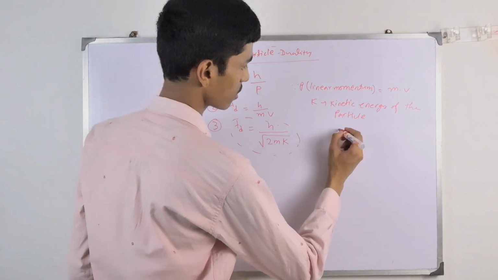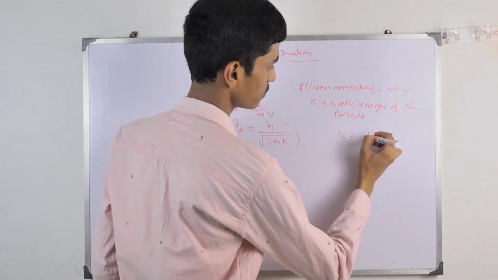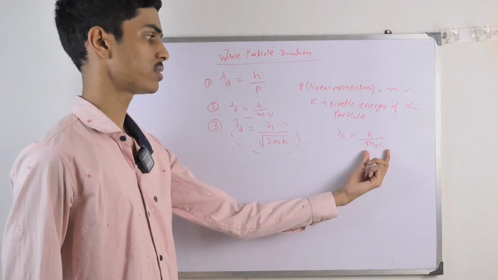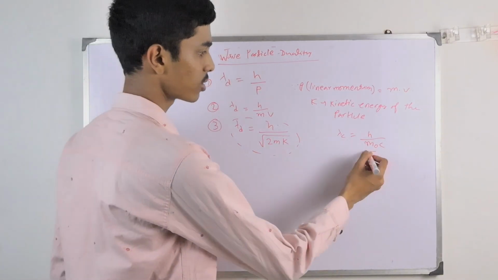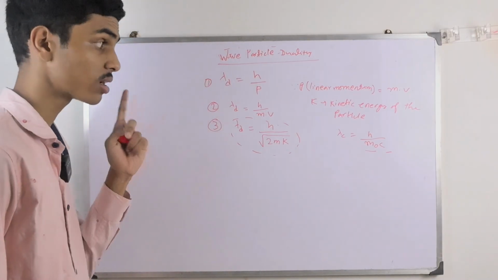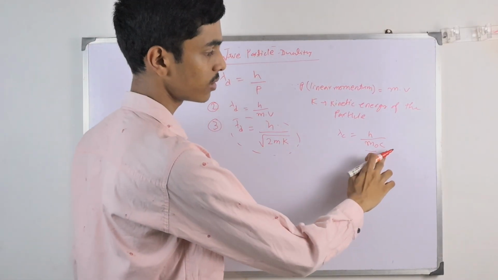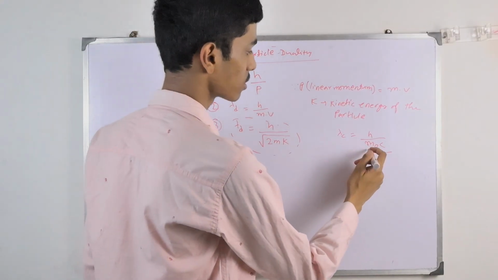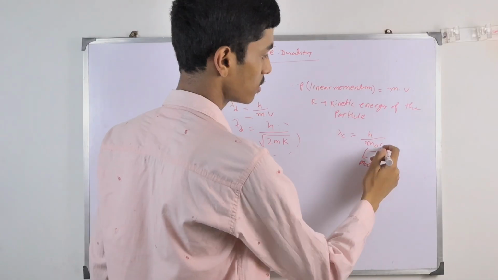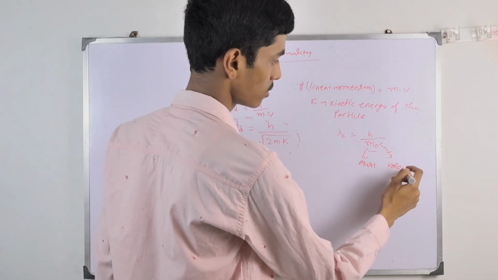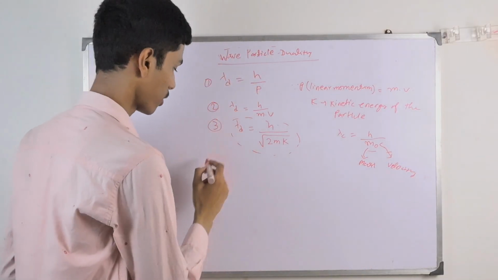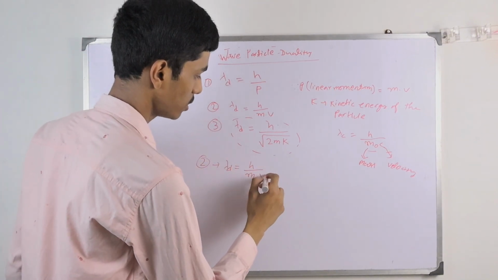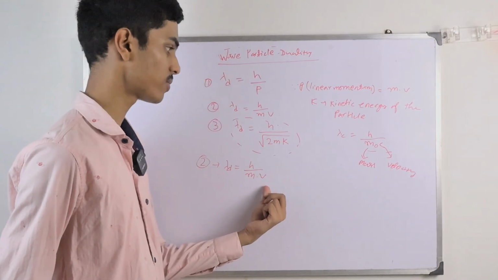Actually, there was something I called before, which is lambda c, equal to h by m naught c, where you should give some attention to these two terms, m naught and c. M naught is the mass of the electron, and c is the speed of light in vacuum. So this is something like mass, and this is something like velocity. And formula number 2 holds lambda d equal to h by mv, where this is also mass and this is velocity.